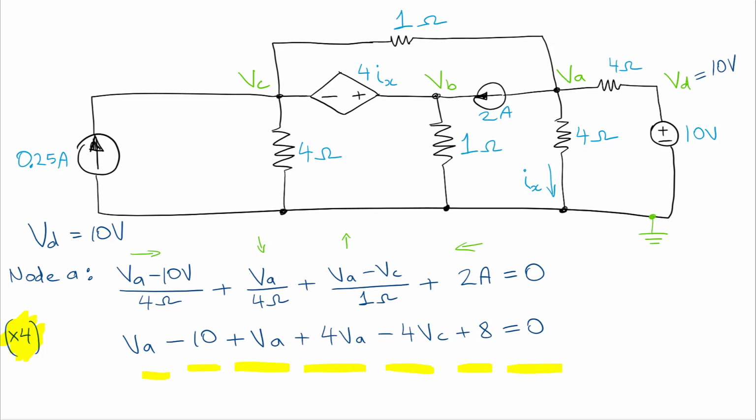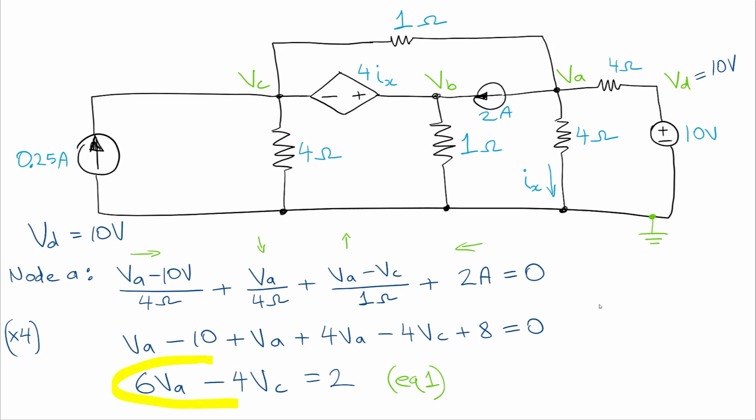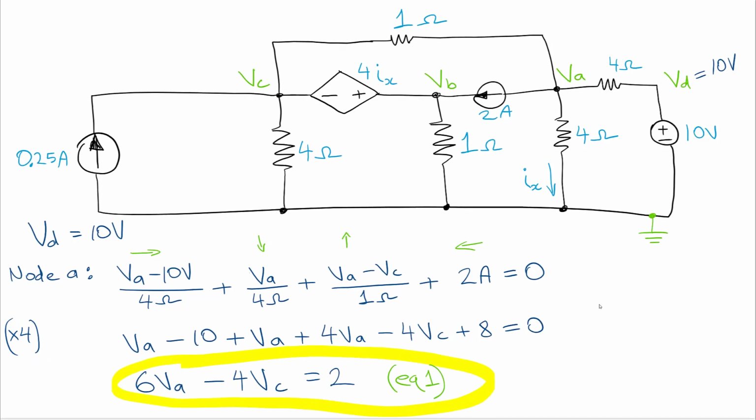Then our next step is to collect the terms, and we're going to call that equation 1. That's our first intermediate result, and we're calling it equation 1. And then we're going to continue.